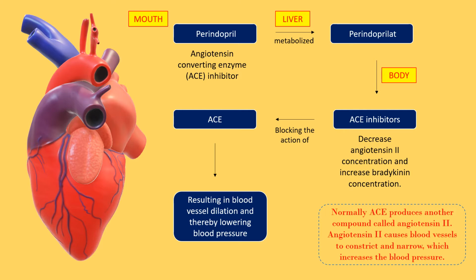So, the function of ACE inhibitors is to block the action of ACE, and then it will decrease the angiotensin 2 concentration and increase the bradykinin concentration, resulting in blood vessel dilation and thereby lowering blood pressure. So that's why the function of perindopril is to lower blood pressure.